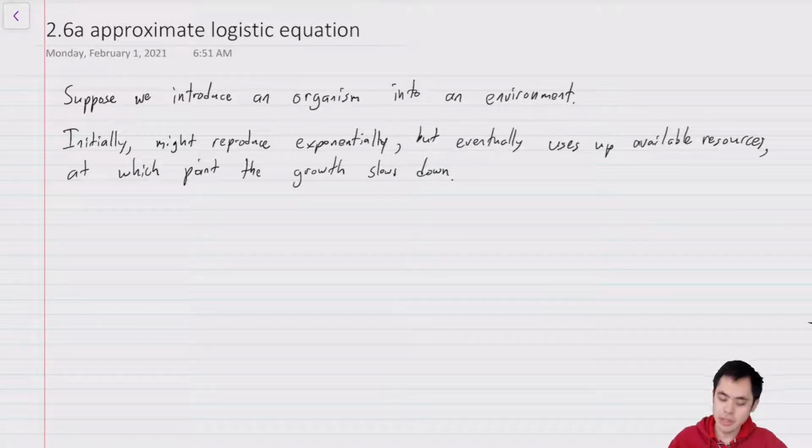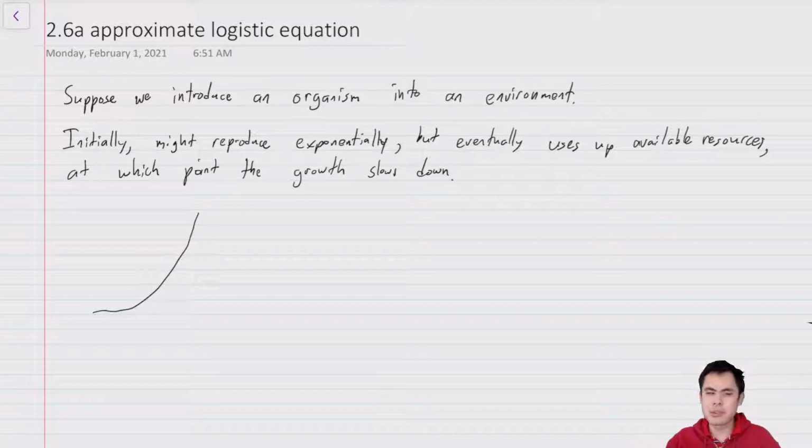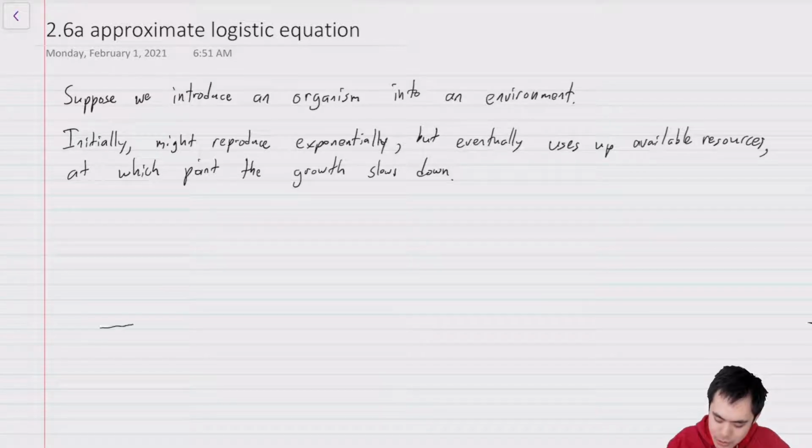So what does this look like? Well, you might have an exponential curve, and then you might think, at some point it's going to slow down, and so then maybe you have something that looks sort of like a reverse exponential curve up here. Let me draw this separately.